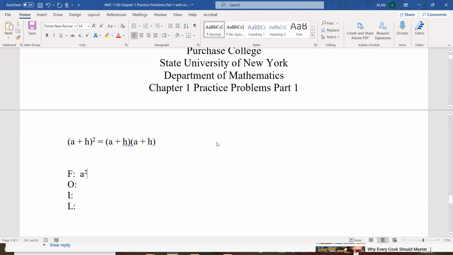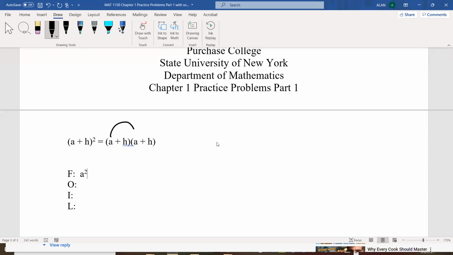Just a quick reminder, this is F. This is O. This is I. And this is last. Okay, so now it should be pretty clear what we're doing. So F is a squared, O is ah, as is I, and last is h squared.